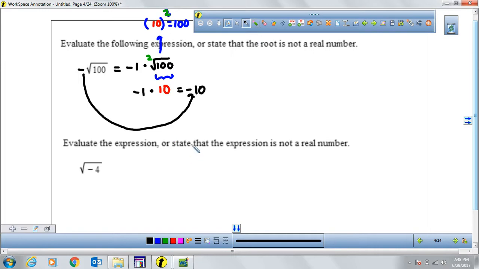Okay. Now, in this second case, it is a little bit different, because what we see is that still it is a square root, because the index is 2. But what are we looking for? Look, the negative is inside. So that means that we're trying to find a number that when I raise that number to the second power, it gives me an answer of -4.